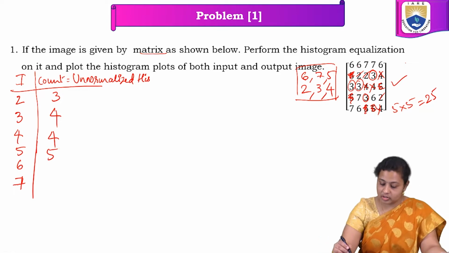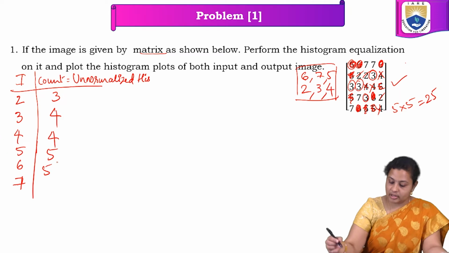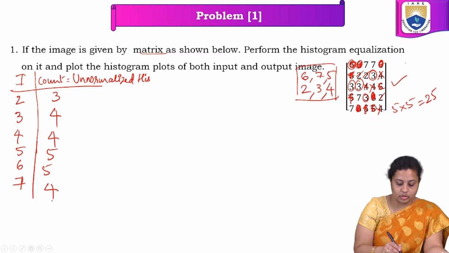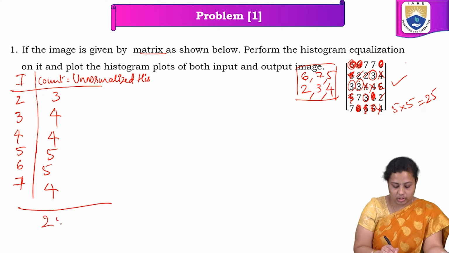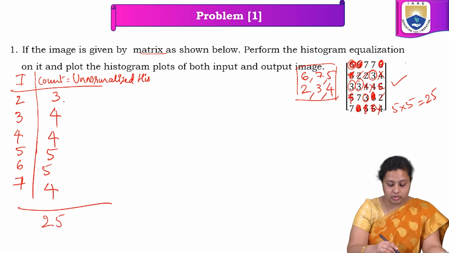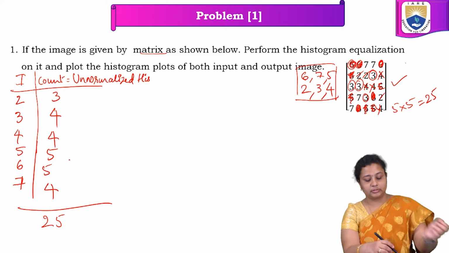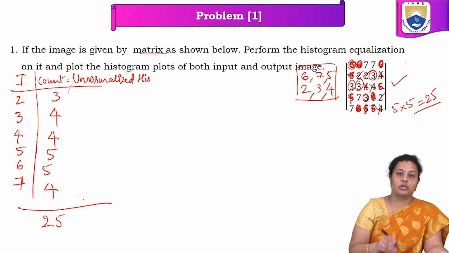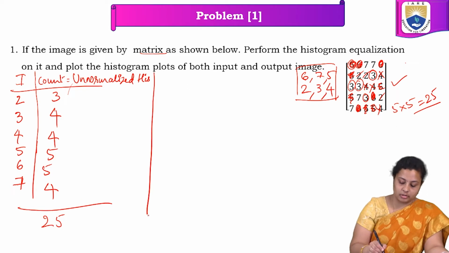Next, 6 has 1, 2, 3, 4, 5. And 7 has 1, 2, 3, 4. So the total count is 25.